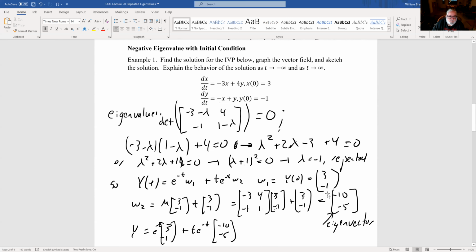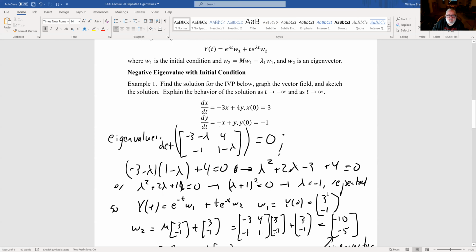Note something about this process: if my initial condition is an eigenvector, then W2 equals 0. Right?